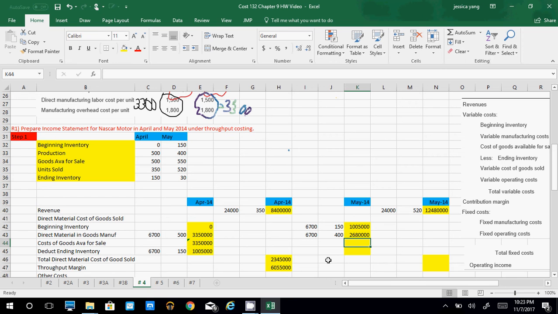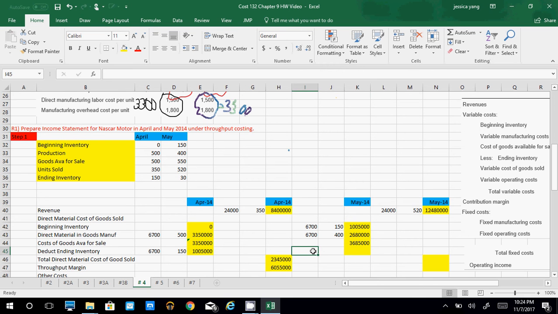To get the cost of goods available for sale, we will sum up beginning inventory plus direct material and goods manufacturer, which gives us 3,685,000.